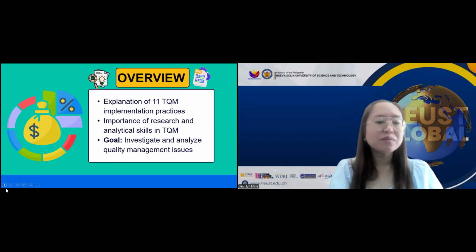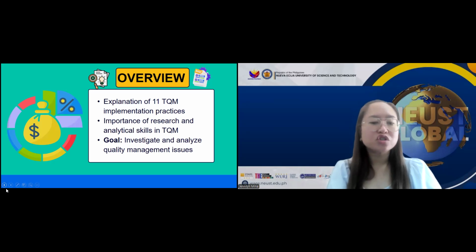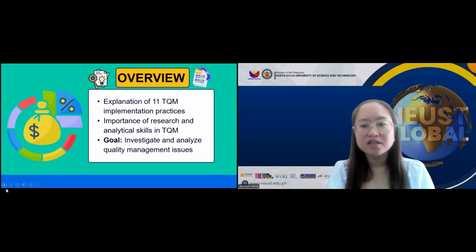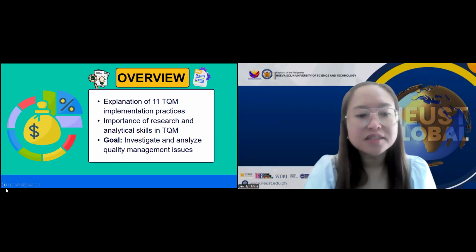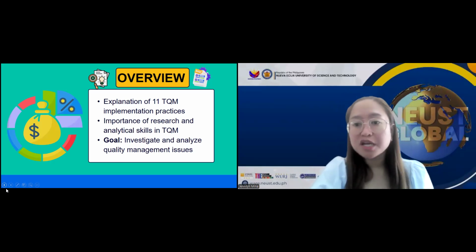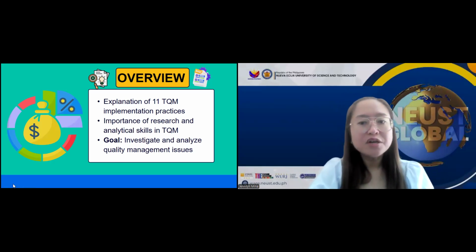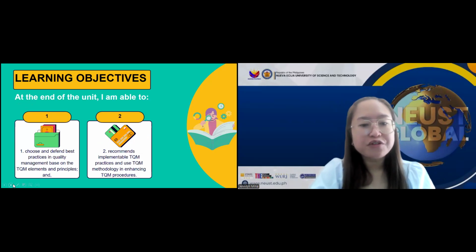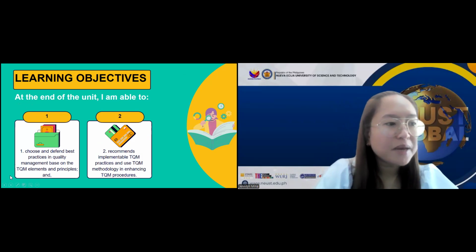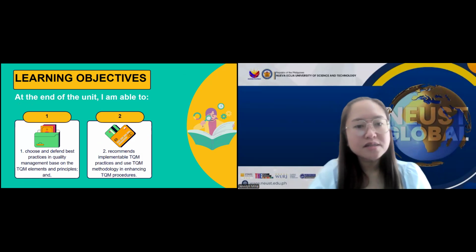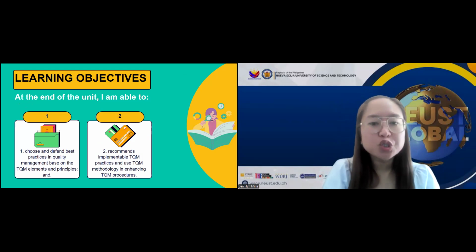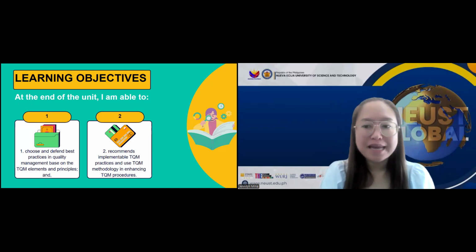In this unit, you will be learning how to research total quality management updates, analyze industry challenges, and propose solutions just like Toyota does to maintain its reputation for quality. So what are the learning objectives for this lesson? At the end of this discussion, I'm expecting that my students will be able to choose and defend best practices in quality management based on total quality management elements and principles.